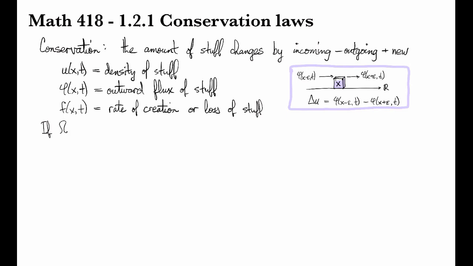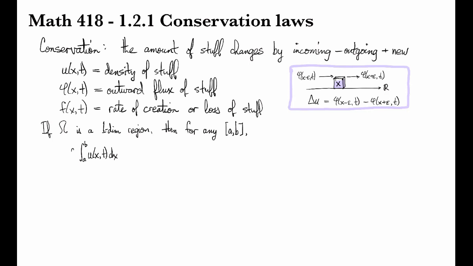So if our domain omega is a one-dimensional region, then if we have any small interval from A to B, what we see is that the total amount of stuff U in the region, well, you always find the total amount of a thing by integrating the density of that thing, and we're integrating over the interval, so it's a space integral dx.